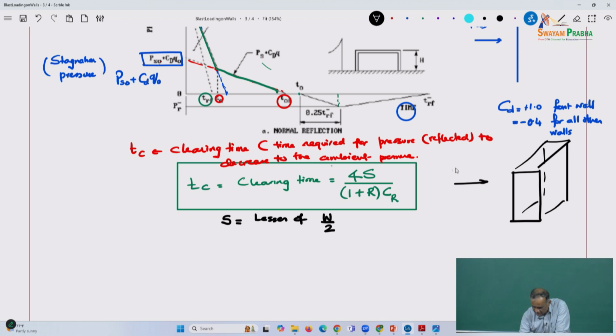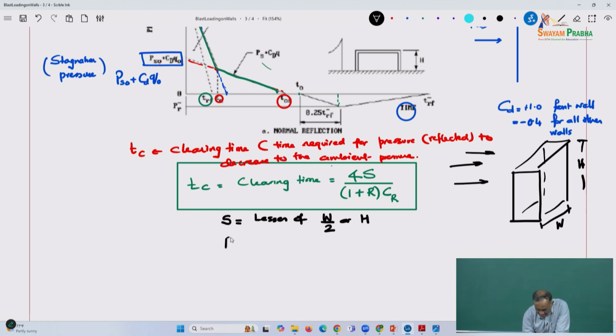This is the height and this is the width. So the lesser of W by 2 or H, the height.